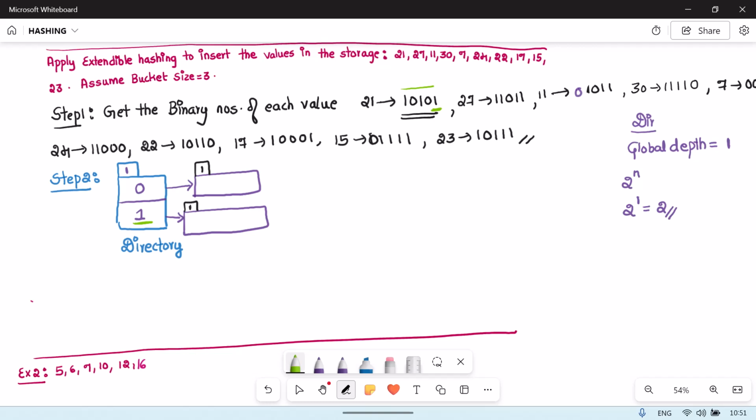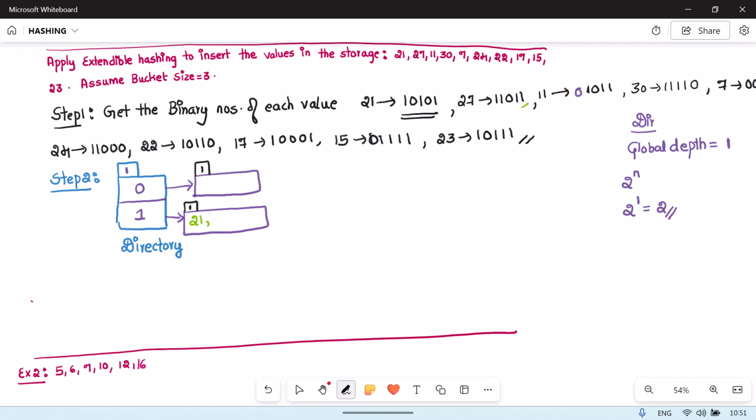In the case of 21, the least significant bit is 1. So you will consider this directory, and in the bucket it points to, you will place the value 21. Okay. So I'll delete all the other contents.